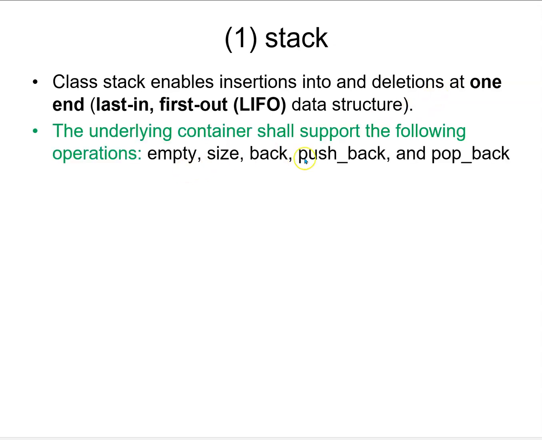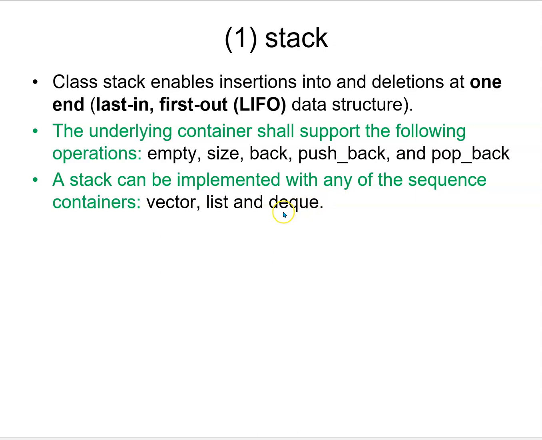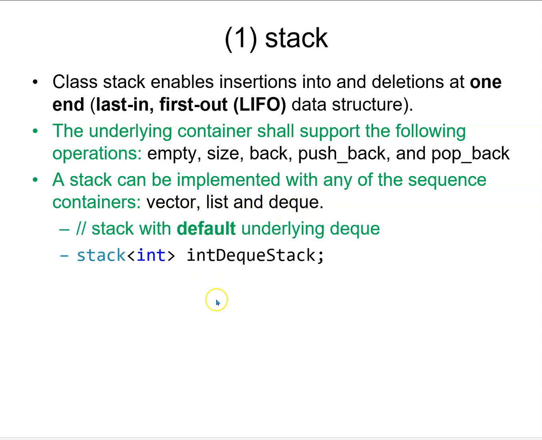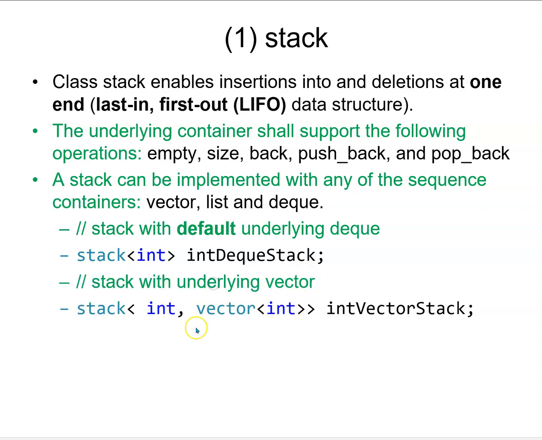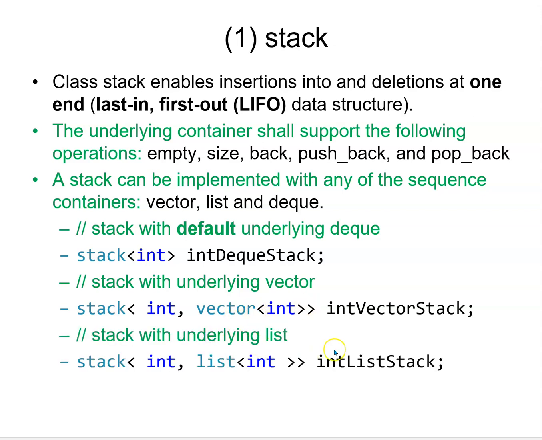The underlying container shall support the following operations: empty, size, back, push_back, and pop_back. So it can be implemented with any of the sequence containers, list, vector, and deque. The default is a deque. We can tell it we want to use a vector. And we can tell it we want to use a list.